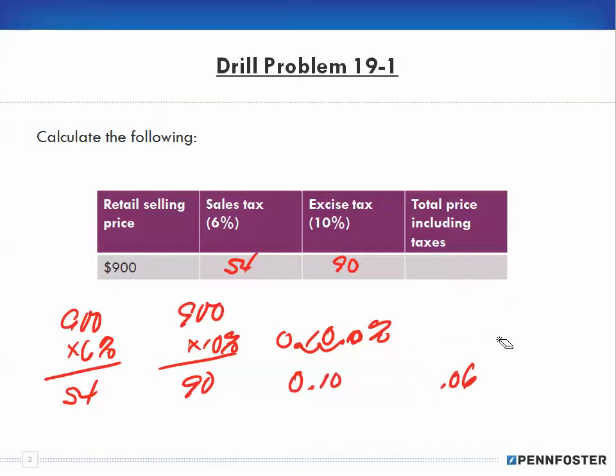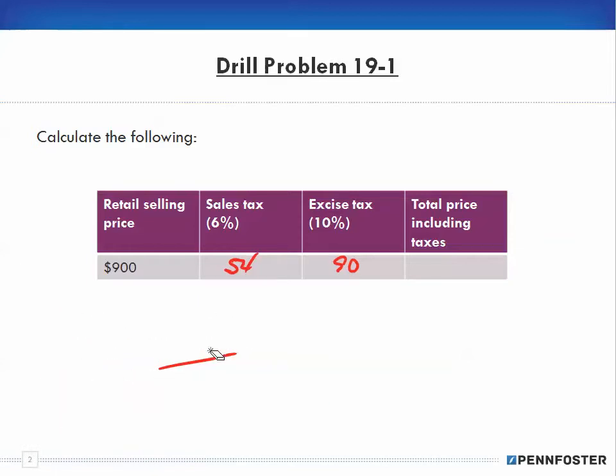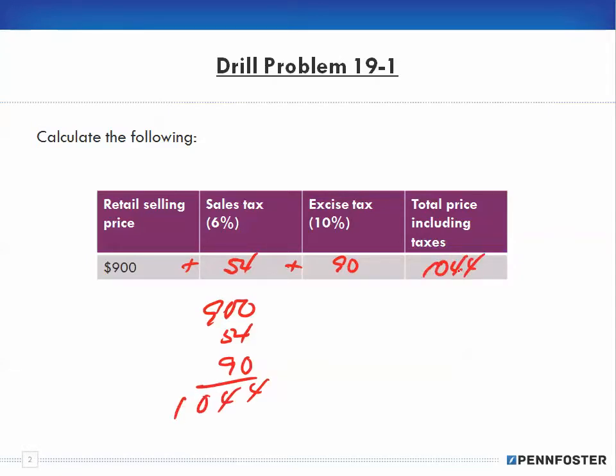And then the total price, including the taxes, is nothing more than adding 900 plus 54 plus 90. That's $1,044. Okay, move on.